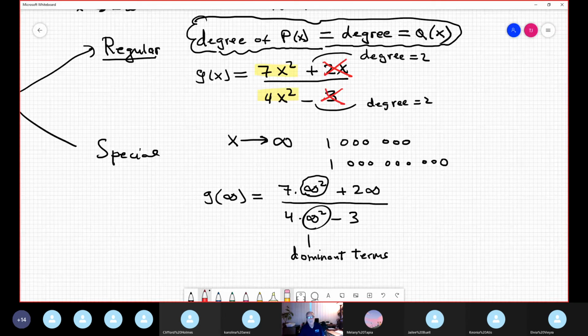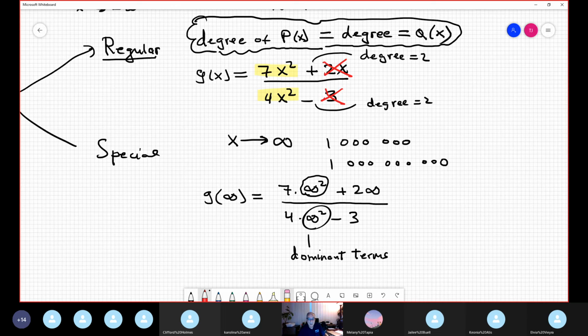I cross it out in my mind, because the dominant, so the substantial value, is always the higher exponent. You take the higher exponent in the top, you take the higher exponent in the bottom, but in this case, by coincidence, it's the same, it's 2.